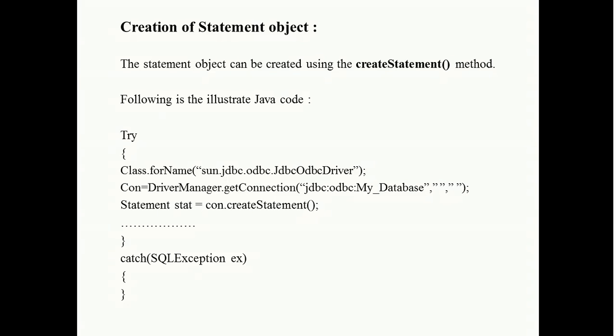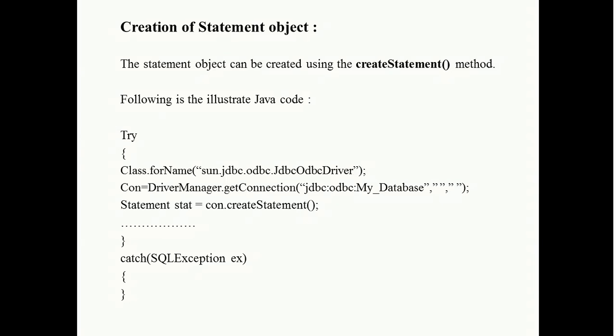Then next is con = DriverManager.getConnection("jdbc:odbc:mydatabase", "", ""), with double quotes meaning blank. So con is nothing but the object of the connection, and the getConnection method is used to connect the database to the program.